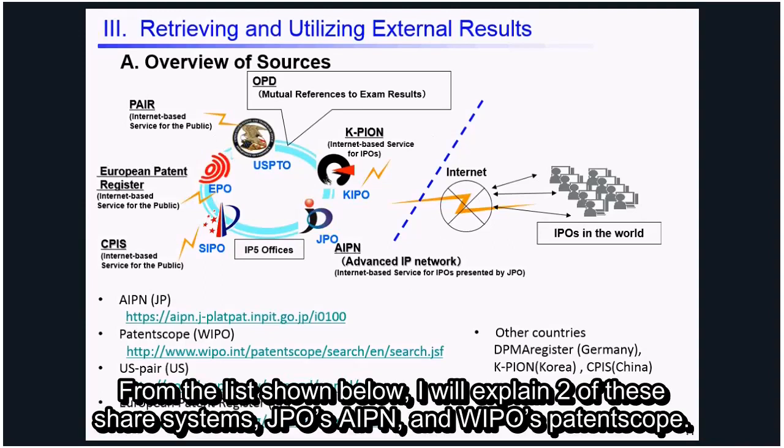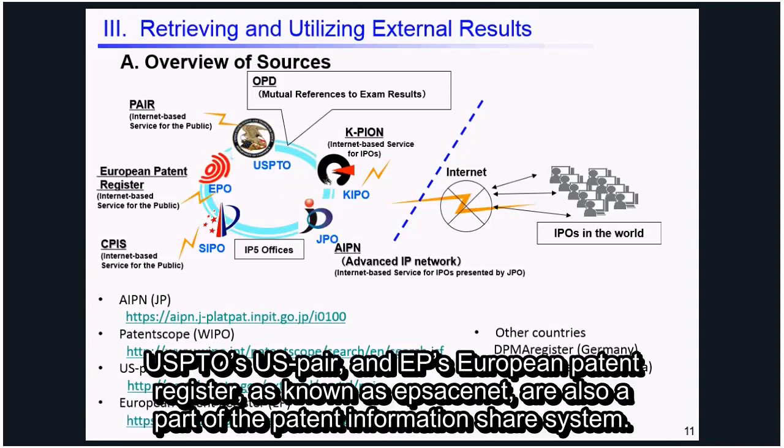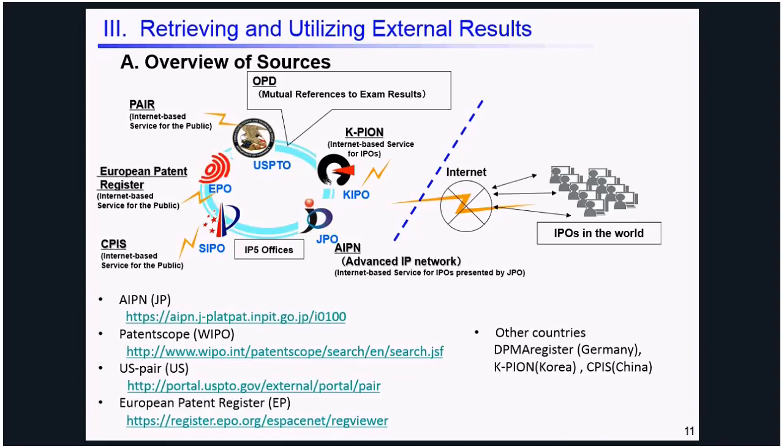From the list shown below, I will explain 2 of these share systems, JPO's AIPN and WIPO's Patentscope. USPTO's US PAIR and EPO's European Patent Register, also known as ESPACenet, are also a part of the Patent Information Share System.